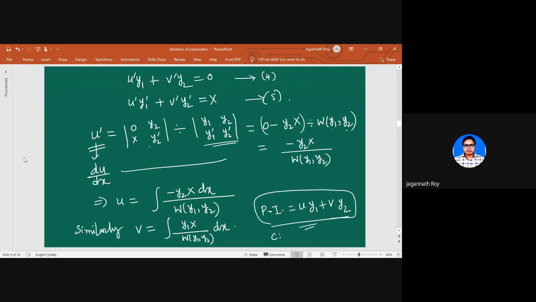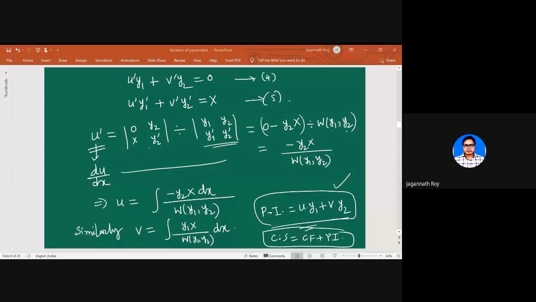The complete solution will be CF plus PI. Once PI is computed, we will calculate. Now we will see some examples of how to find particular integrals using the method of variation of parameters.